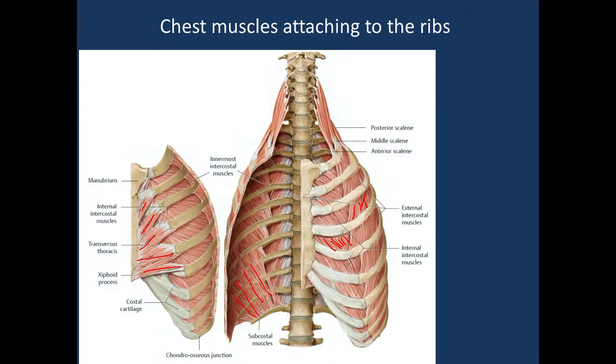So, of all of these muscles, only external intercostal muscles are inspiration muscles, but internal, subcostal and transversus thoracis muscles, they are expiration muscles. They help people to expirate air.